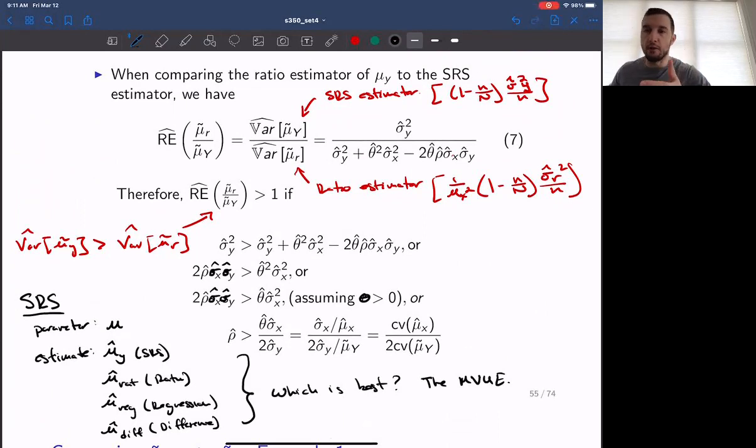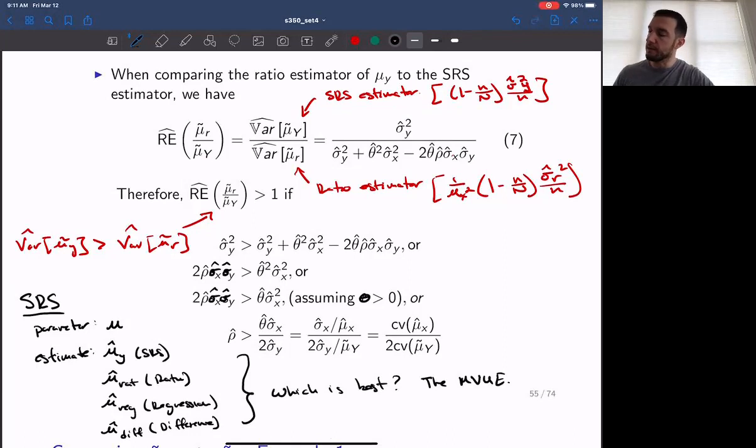Now, the way that we use the relative efficiency measure is fairly straightforward. Effectively, if this value is equal to 1, that means that the variances are equal, and that should be clear based off of the construction of the measure. If the value is greater than 1, that would indicate that the variance of the SRS estimator exceeds the variance of the ratio estimator.